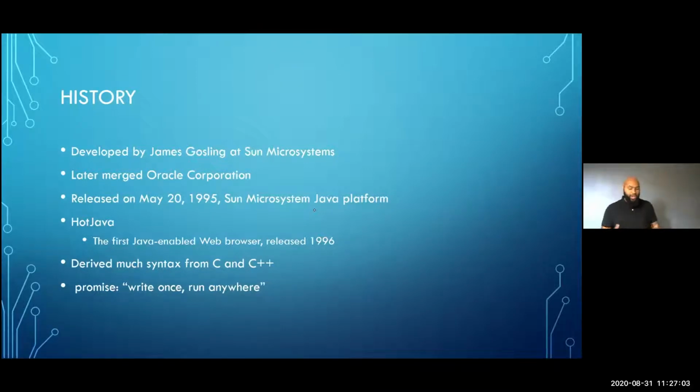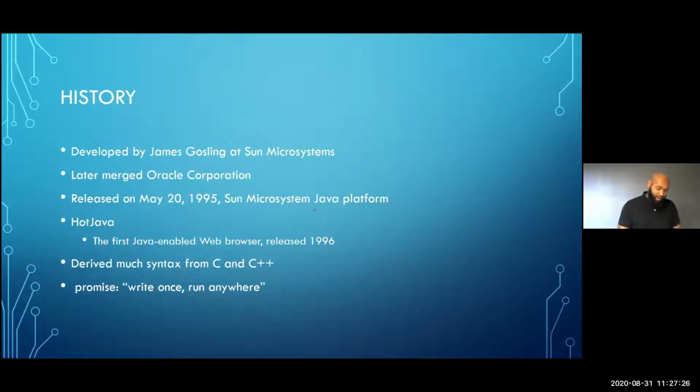Here's the history of Java, created by James Gosling, later merged to Oracle Corporation. Oracle is the current owner of Java, or at least a Java repository, and they're actually suing Google because Java is the main programming language for Android, although Google has developed their own language now.